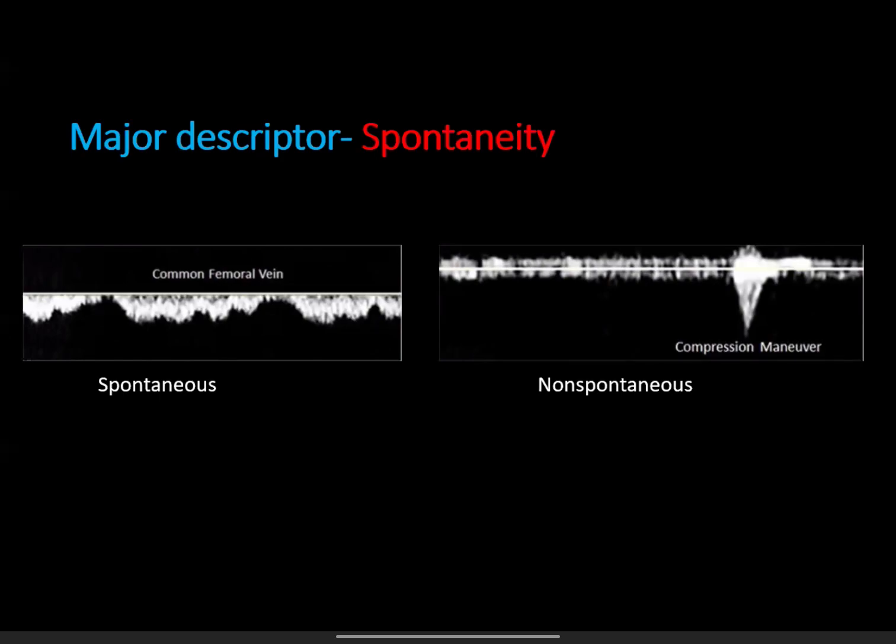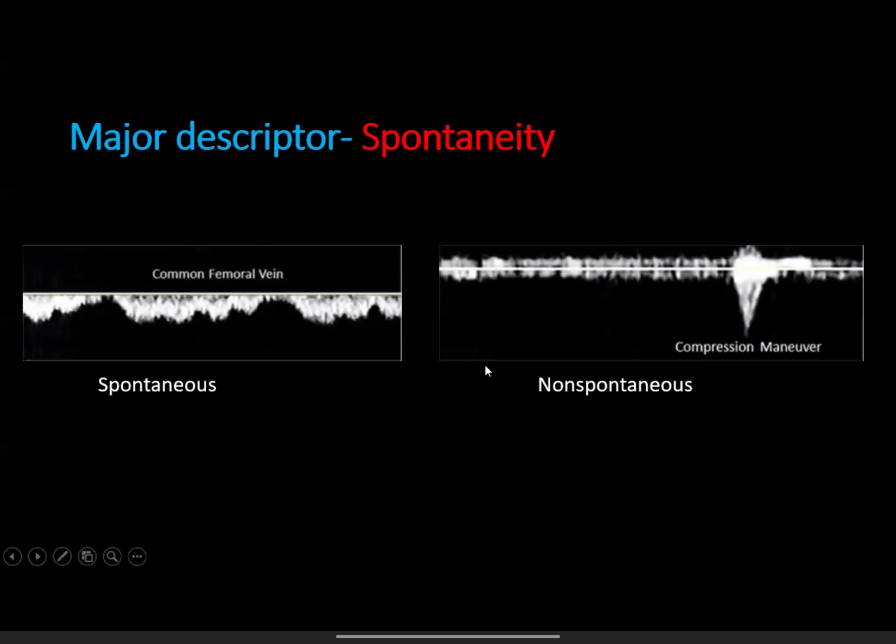Another is spontaneity. When we examine venous channels, when we examine lower limb veins, we usually see spontaneous, continuous forward flow with certain undulations of respirophasic effect or certain pulsations. So this is spontaneous. But in certain situations, we may not be in a position to see flow spontaneously, so we need to augment to see the flow.